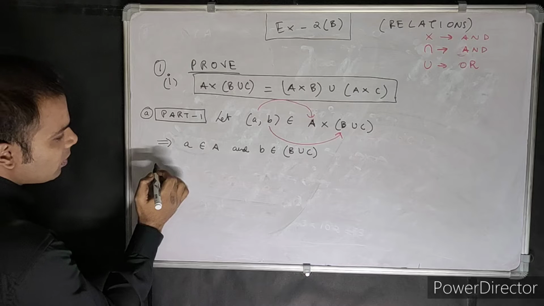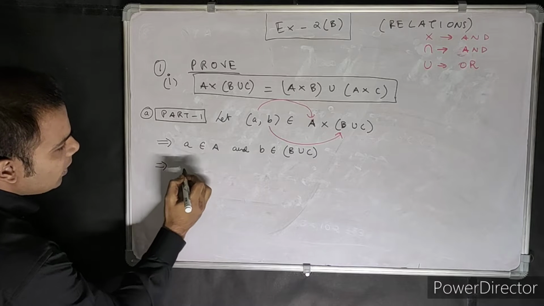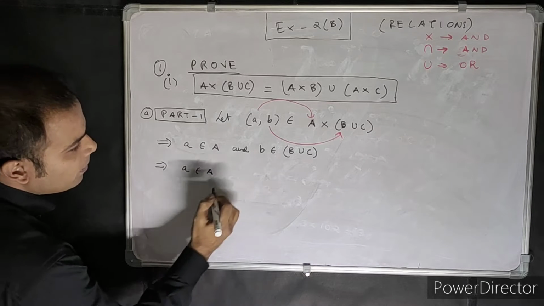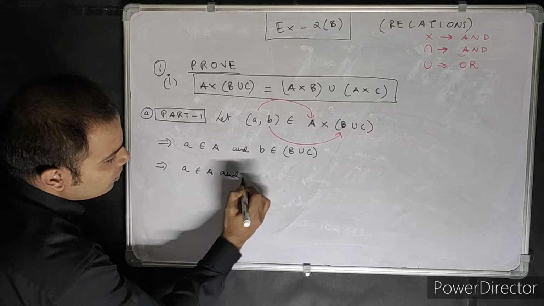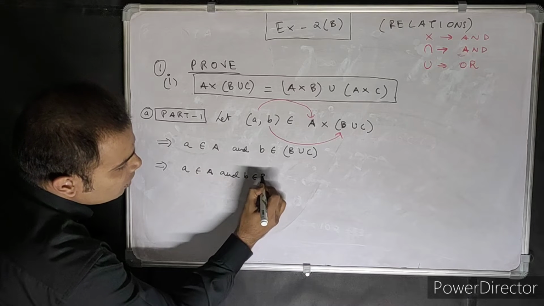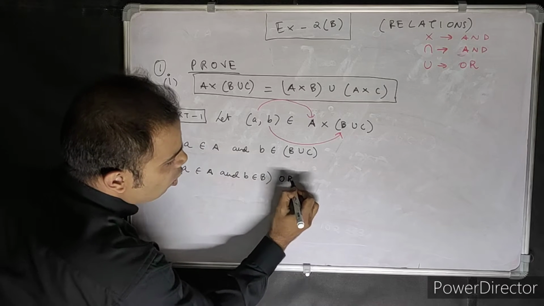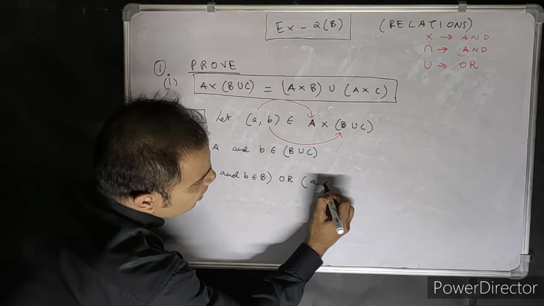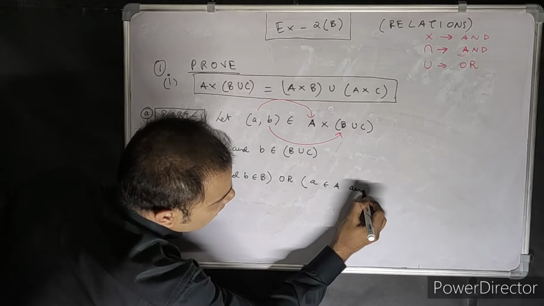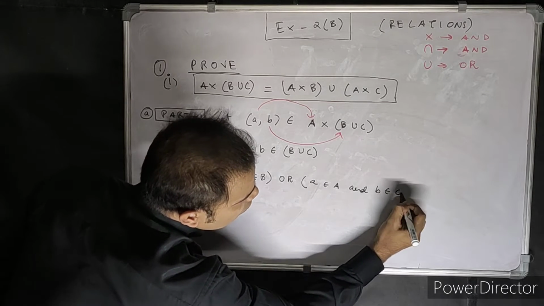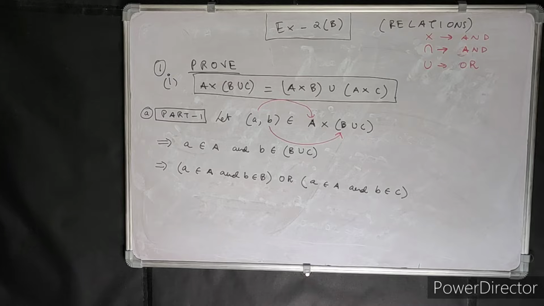Now from here we have to write: a belongs to A and b belongs to B, or a belongs to A and b belongs to C. The union is written as "or". Look at that very nicely.